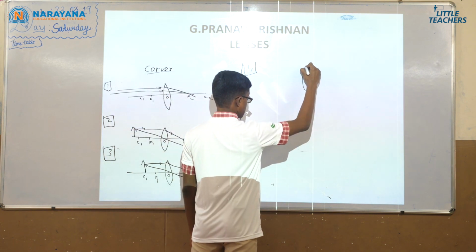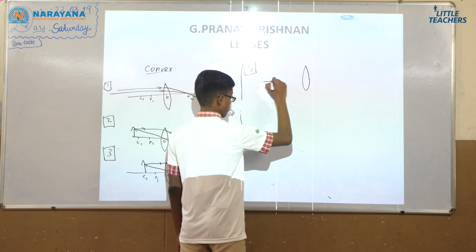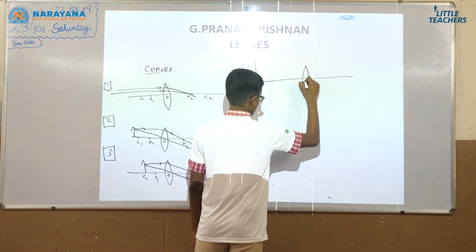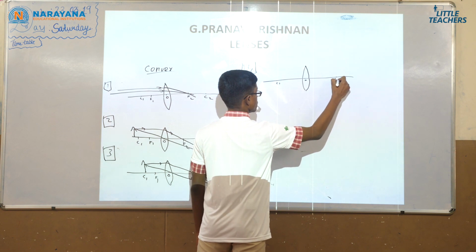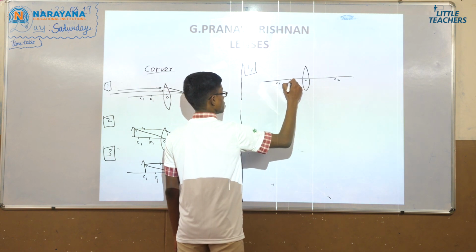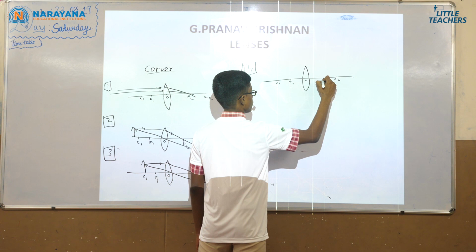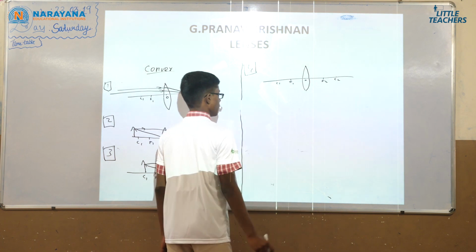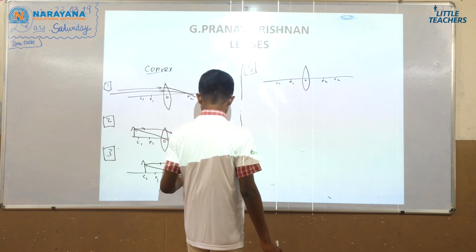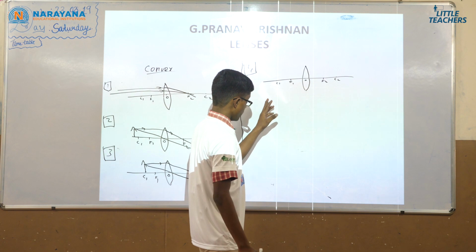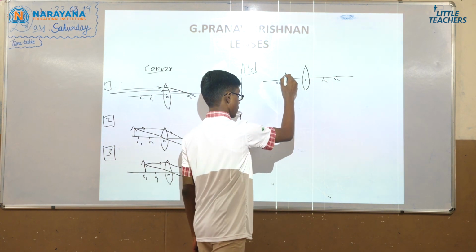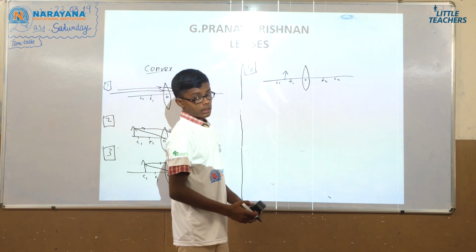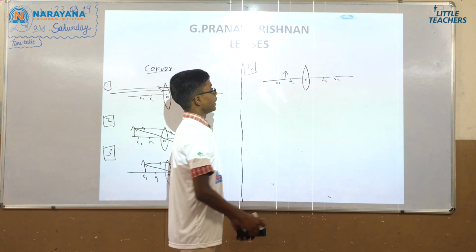Consider a convex lens again with a principal axis, optical center, center of curvature 1, center of curvature 2, focus 1 and the focus 2. Now consider the object is just between center of curvature 1 and the focus 1. Again consider a parallel ray.